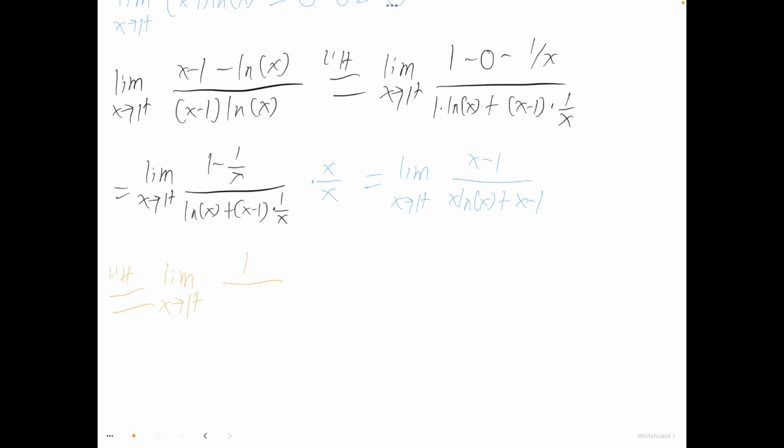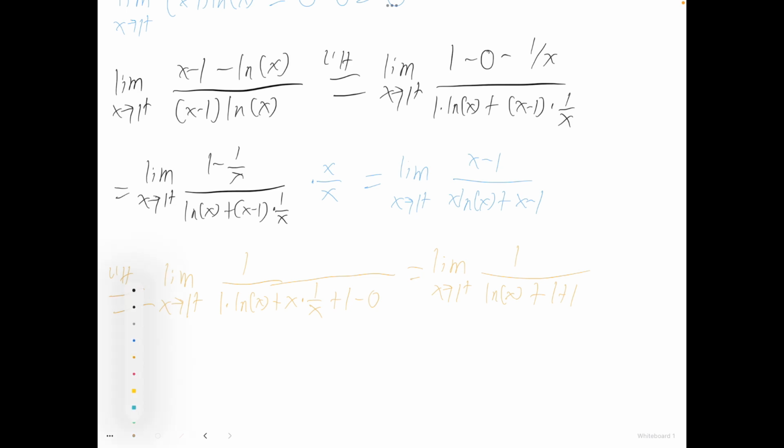The derivative of x is 1, so we have 1 times ln of x plus x times the derivative of ln of x, which is 1 over x, plus 1 minus 0. So this is then the limit as x goes to 1 from the right of 1 divided by ln of x plus 1 plus 1.